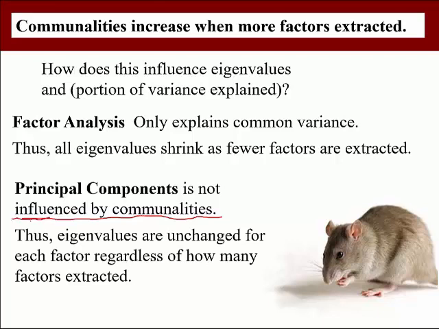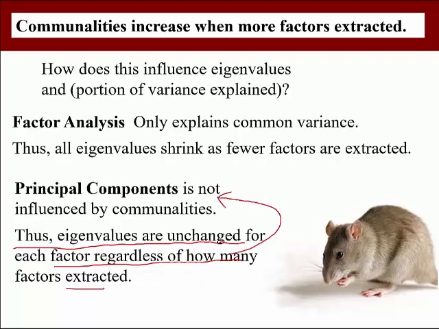Even though the communalities would increase as I extract more factors, the results aren't influenced by the size of those communalities, so they'd stay the same regardless of how many factors I extract. So in sum, the eigenvalues are unchanged for each factor regardless of how many factors are extracted for principal components analysis, but that's not true when you're doing factor analysis proper.